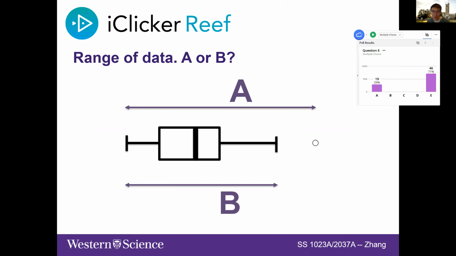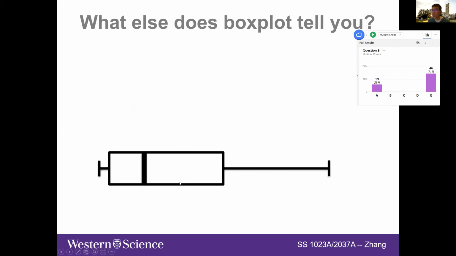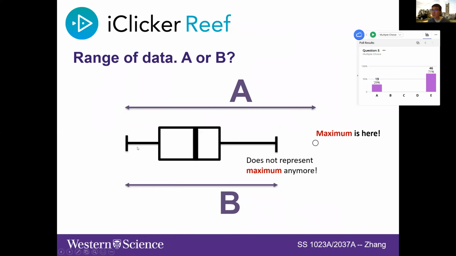So if all the quarters are equal distance, is it going to be uniform? Exactly. For uniform, you would expect regions 1, 2, 3, 4 should be exactly the same. That makes sense, right? So that's pretty much uniform.